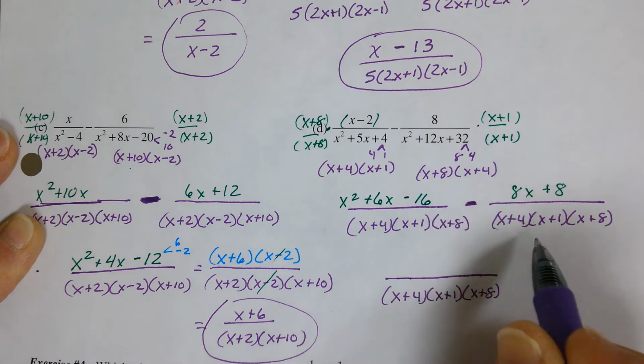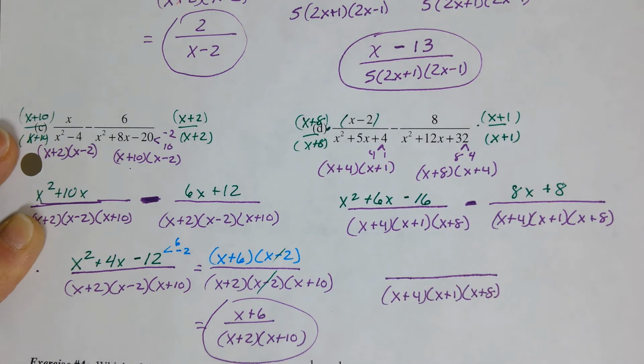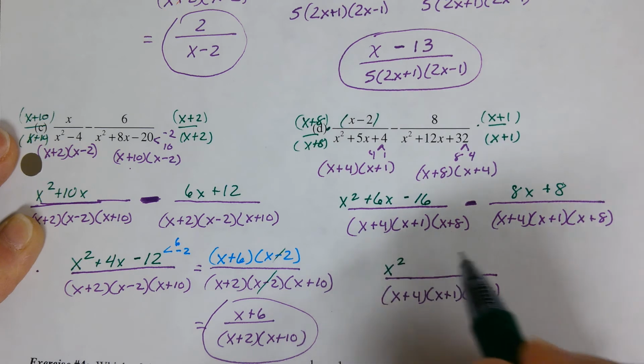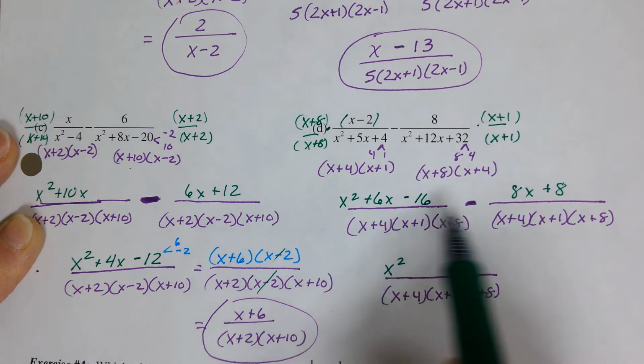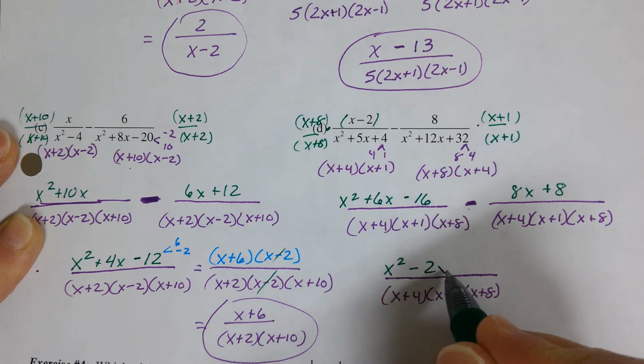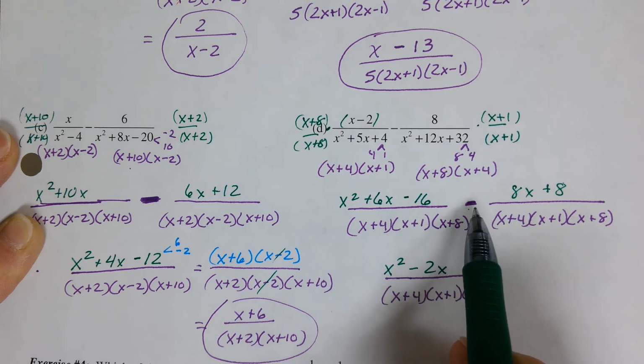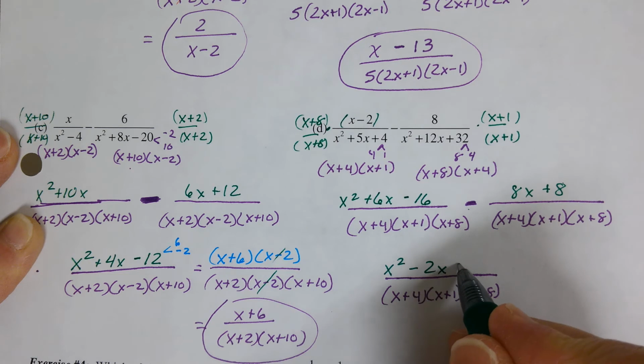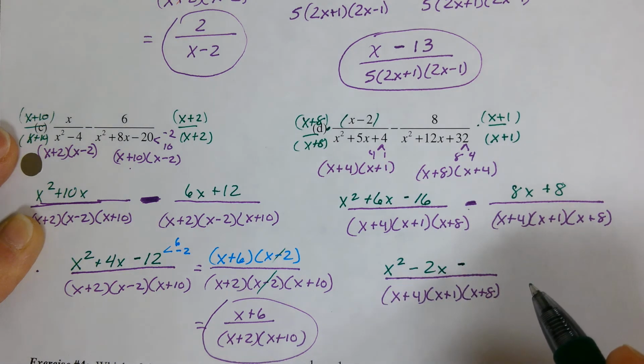Now that our fractions have the same denominator, we can just copy it. And now we have our single fraction, x squared, 6x minus 8x, negative 2x, negative 16 minus 8, negative 24.